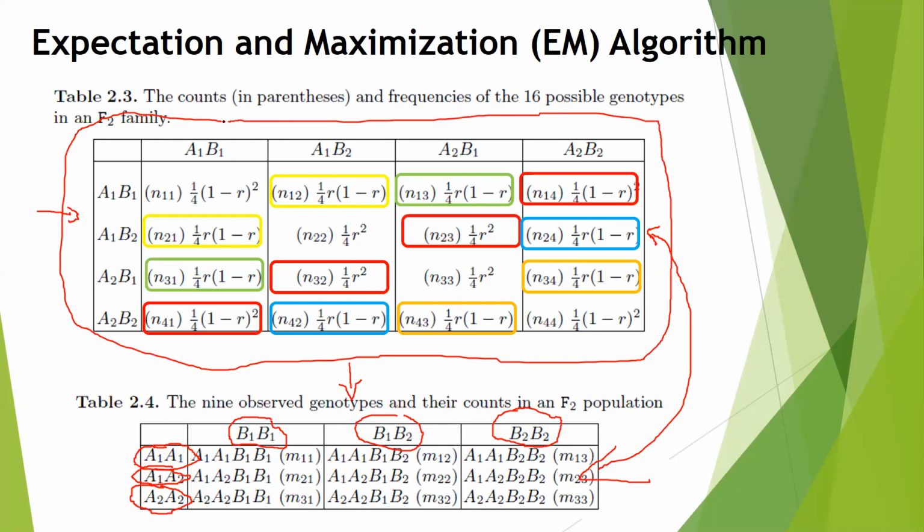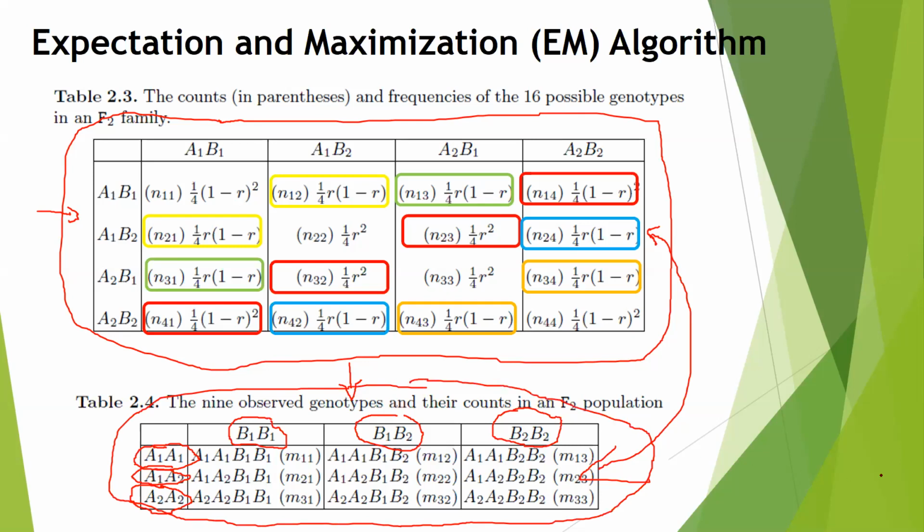But in reality, if you cannot get the haplotype data, and you can only see the genotypes for these 2 loci in each of the progeny, you can only generate a table like this using the same data. But what does that have to do with the expectation maximization algorithm?